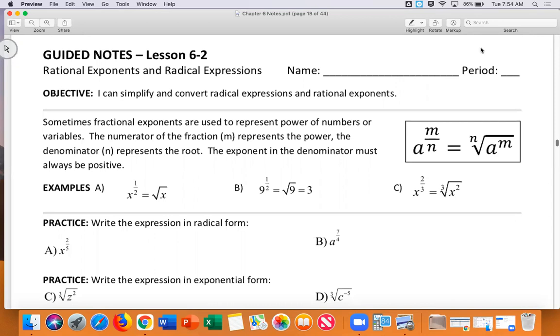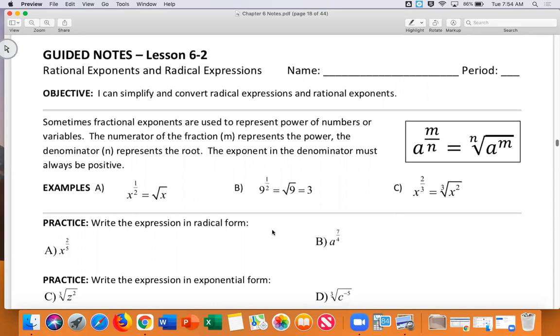And x to the 2/3 is the cube root of x squared. Do you understand how that works a little bit? Now, what does all this mean? The way I think of it is this: the little number outside the root, for example in C, that 3 is talking about how many of that number I need in order to pull it out.